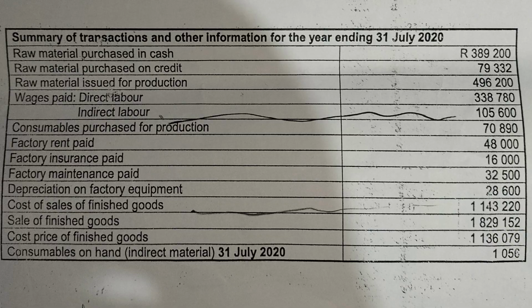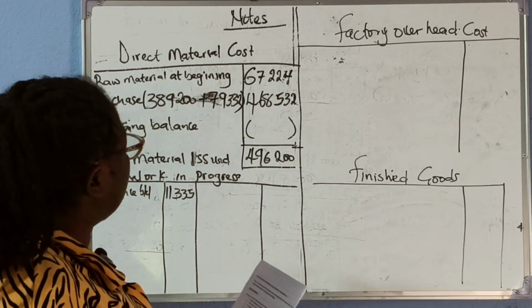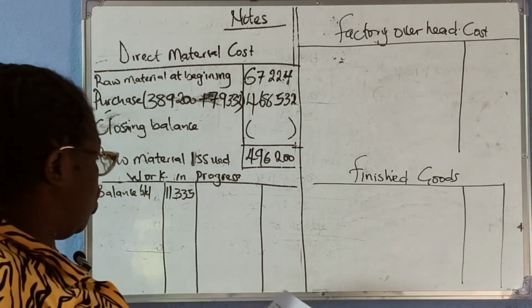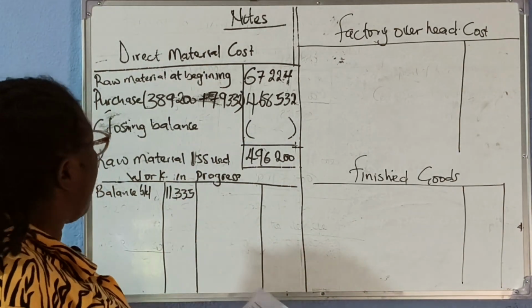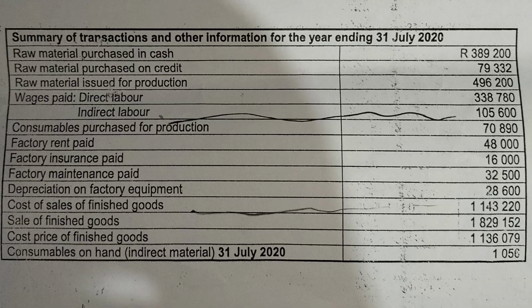So we add the cash purchases of 389,200 plus the purchases made on credit, which is 79,332. When you add the two together, you get 468,532.